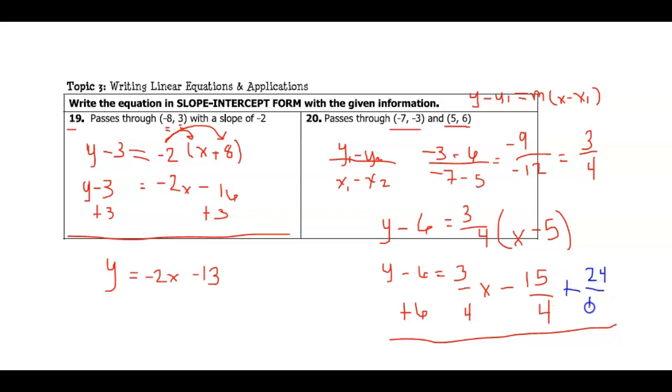So this is 24 over 4. And if I add those together, I get y equals 3 over 4x plus 9 over 4.